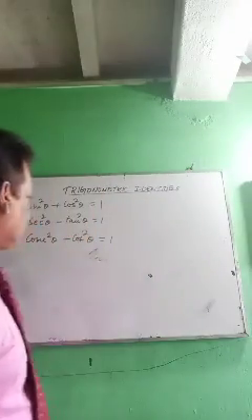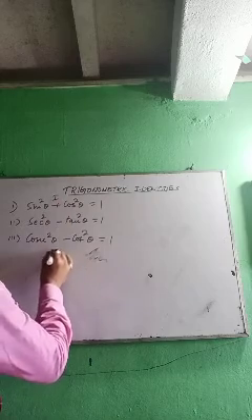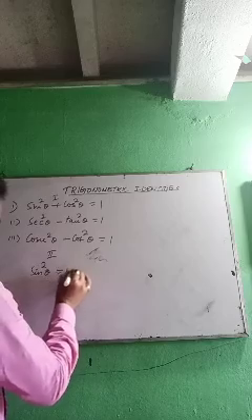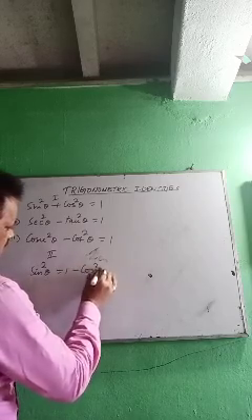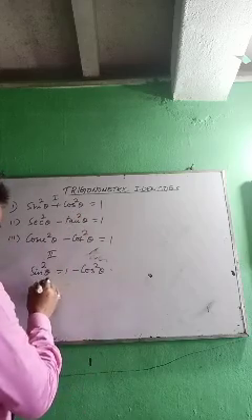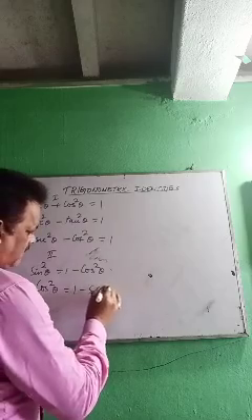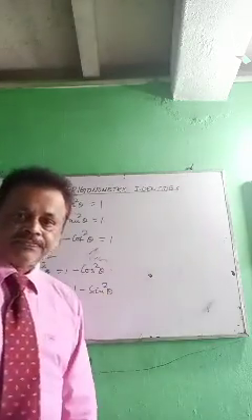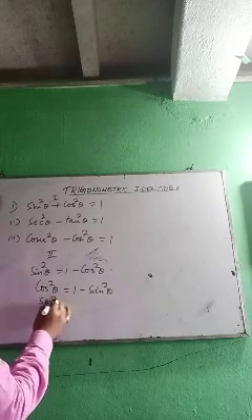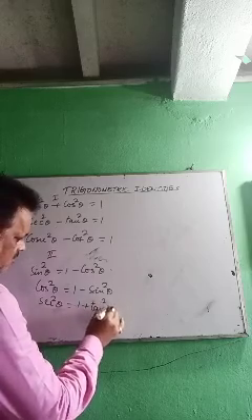Okay, then now look, in type 1, if you convert it, you have to remember sin square theta is 1 minus cos square theta. From here you can get cos square theta is 1 minus sin square theta. Okay, sec square theta is 1 plus tan square theta.